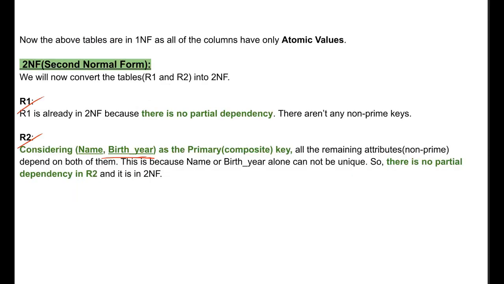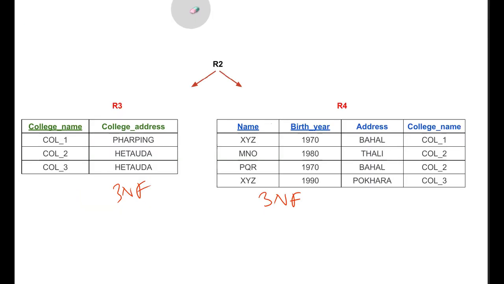But in a real project or in a real scenario, name and birth year cannot be sufficient to uniquely identify any student, because in the same year a person with the same name can be born. There can be multiple people with the same name and same birth year.